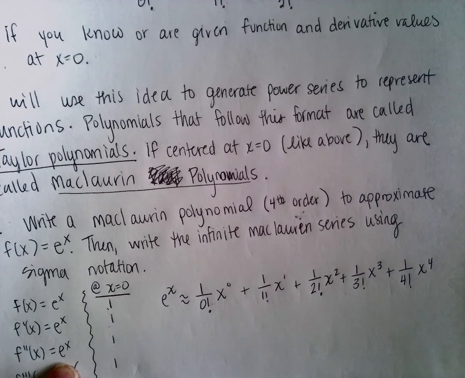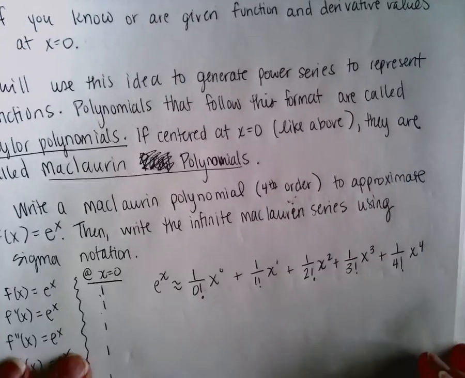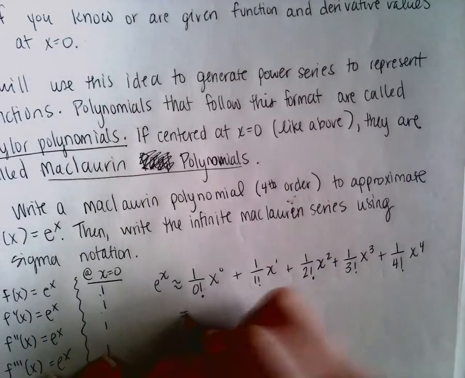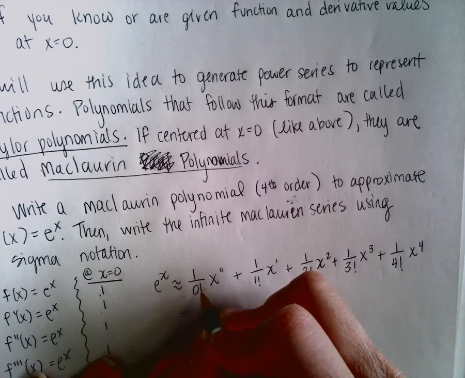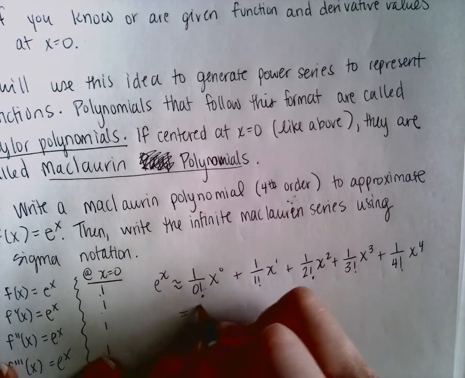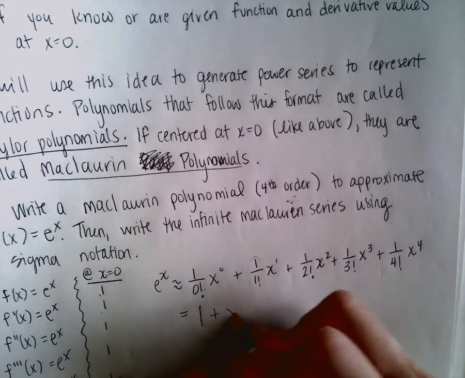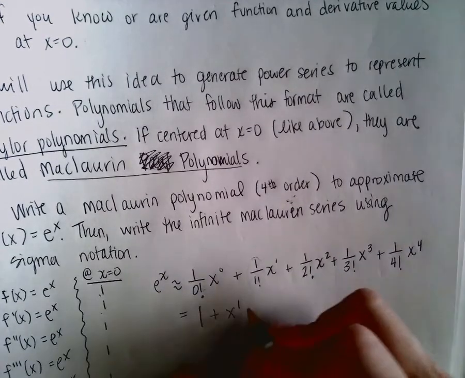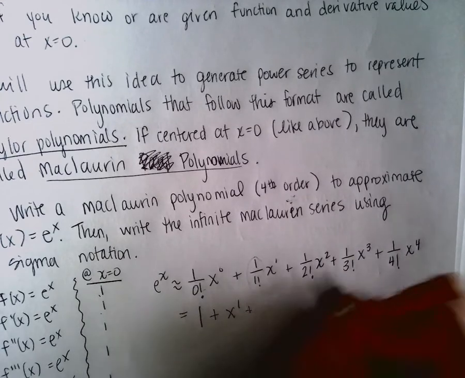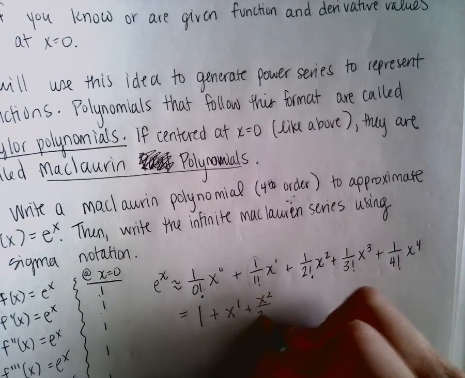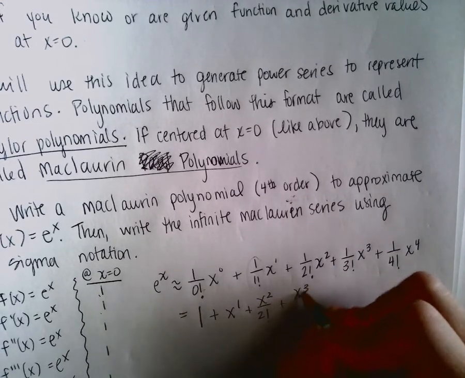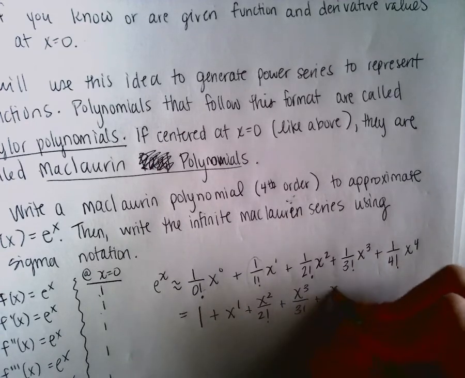Okay, so we get this polynomial, but I'm going to clean it up a little bit. So this is just 1, x to 0 is 1, plus this here is just 1, so that's x to the first, plus x squared over 2 factorial, plus x cubed over 3 factorial, plus x to the 4th over 4 factorial.